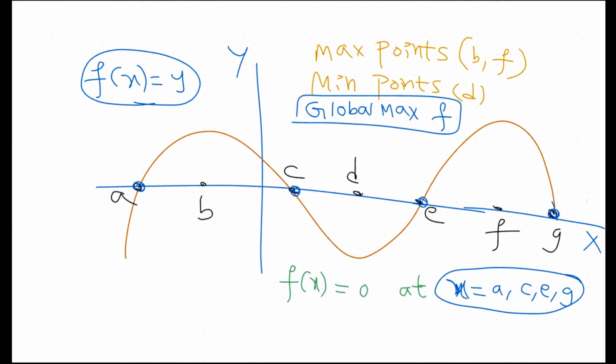Now tell me where f dash x is 0 for this diagram.